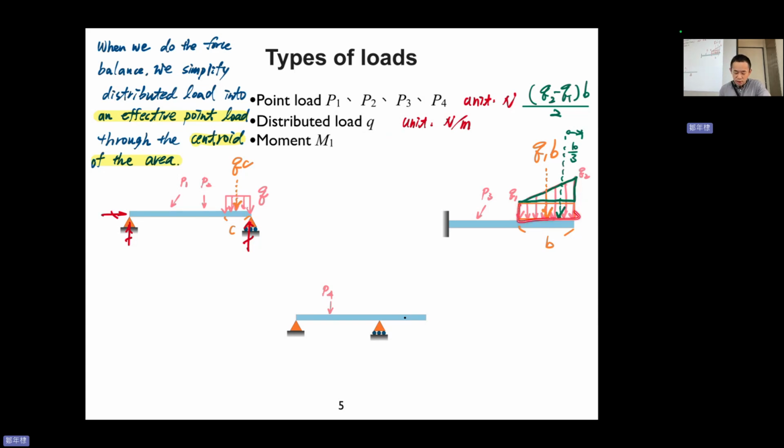The rectangle is easy: the area is Q1 times B, and the effective load for this rectangle acts at the centroid of the green rectangle, so at half B. Let me write this down.